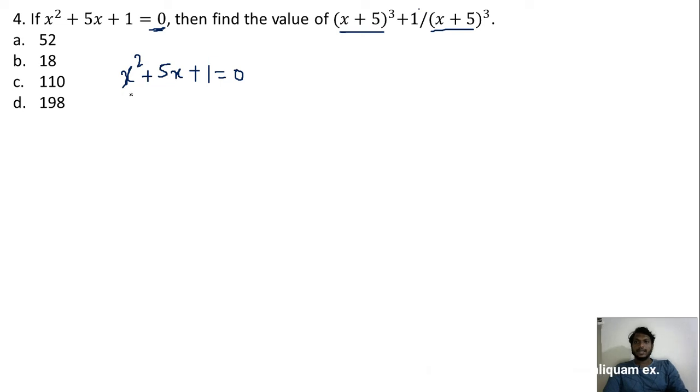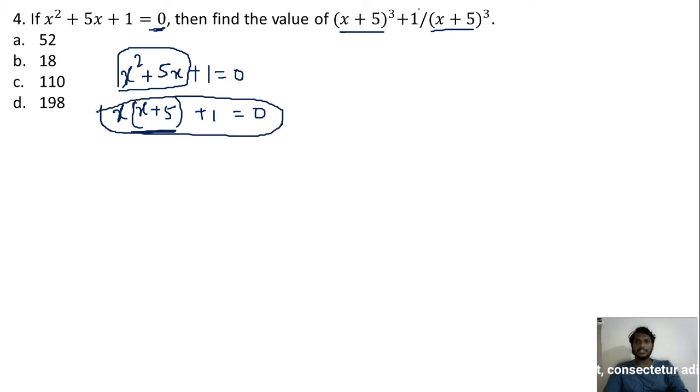Now if you take x common from these two terms, you have x into x plus 5 plus 1 equal to 0. Now take out x plus 5 term which is in the bracket common from this whole equation.